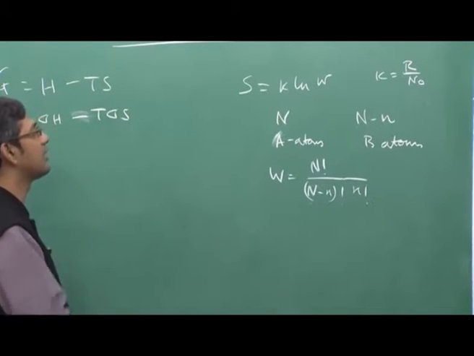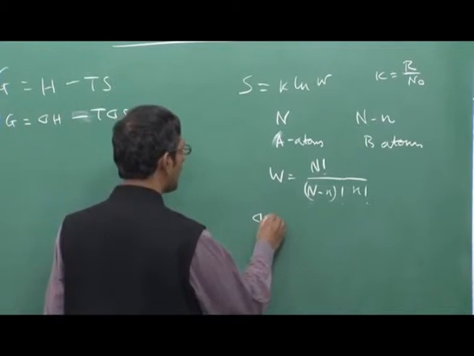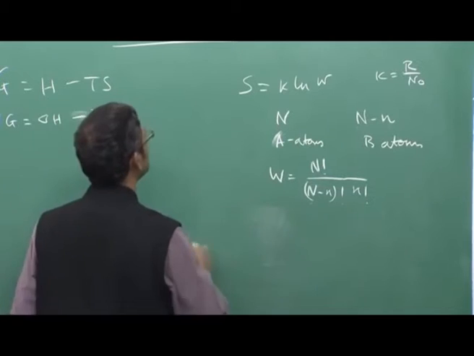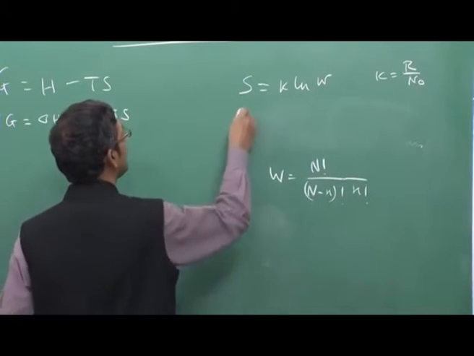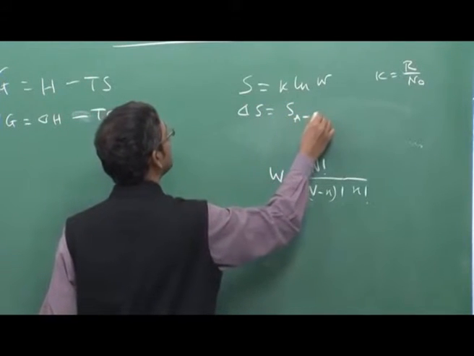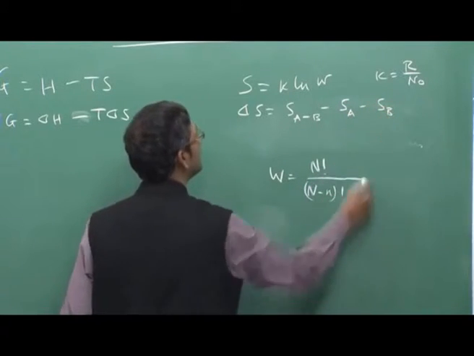Now, if I have to calculate delta S of a system, I will write S AB minus S A minus S B. Why?